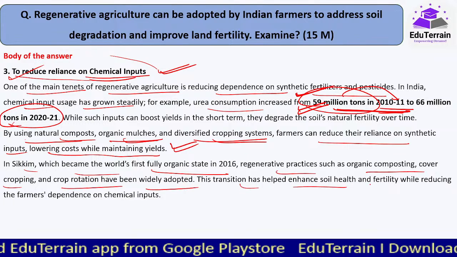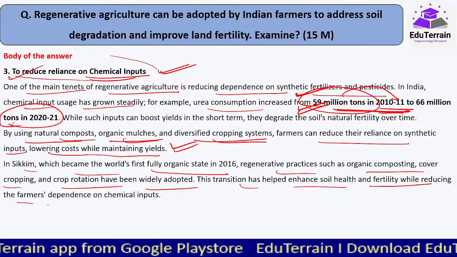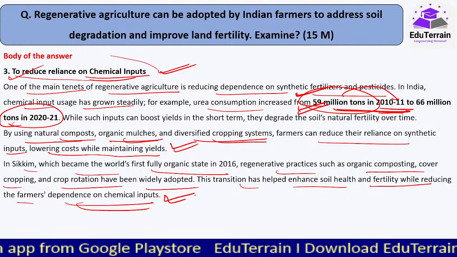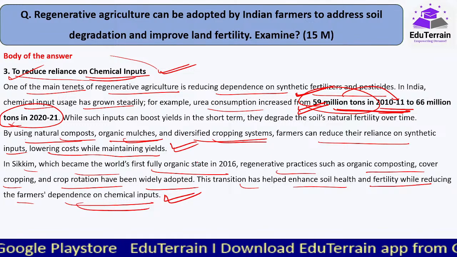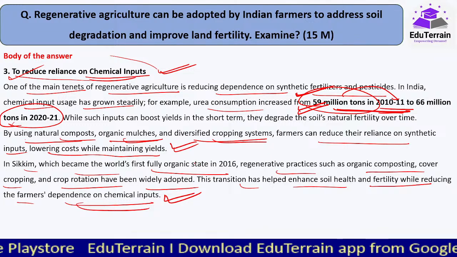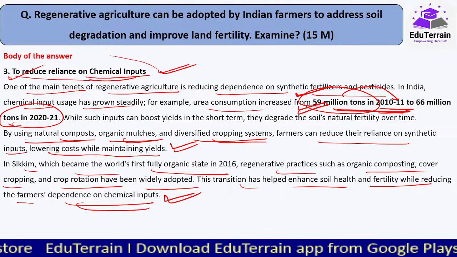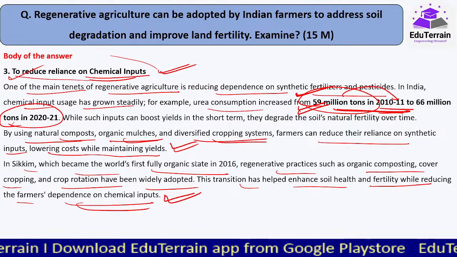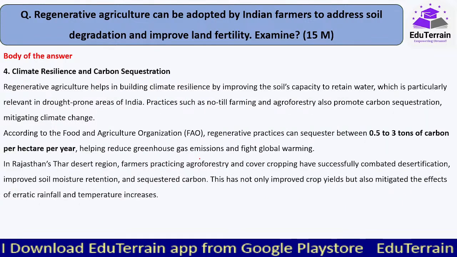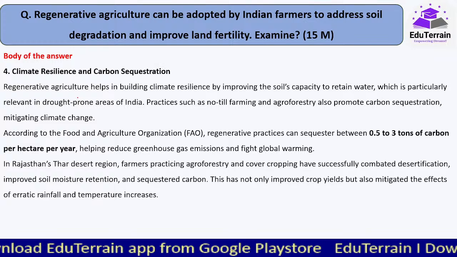This transition has helped enhance soil health and fertility, while reducing the farmers' dependence on chemical inputs. And if you see the latest fertilizer utilization by different states, Sikkim is one of those states with almost zero consumption of fertilizers.